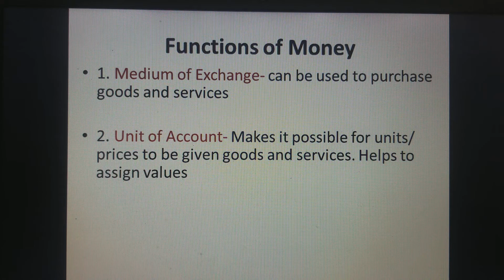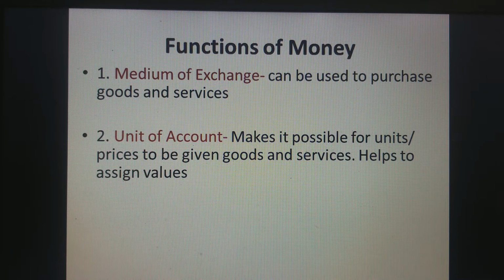Secondly, another function of money is as a unit of account. That is, it makes it possible for units and prices to be given to goods and services.